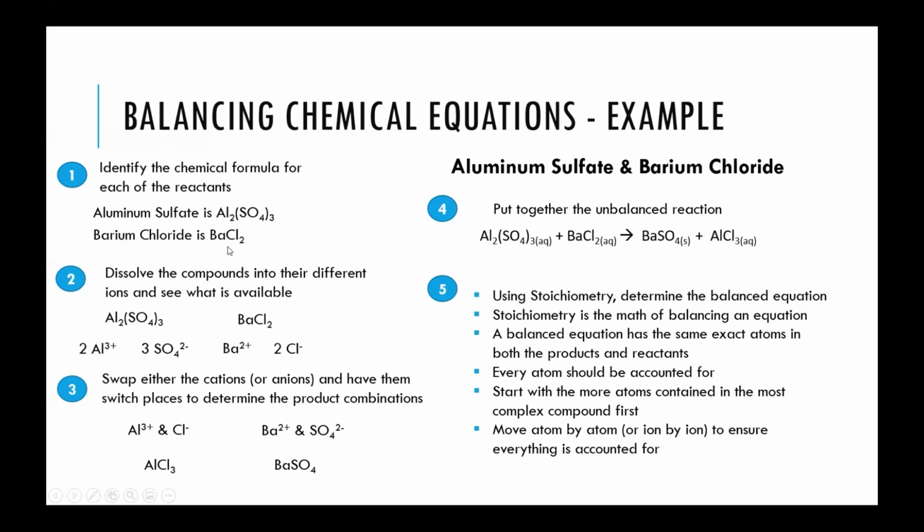Barium ion is a 2+ ion, while the chloride ion is only 1-. So for the compound to exist, there needs to be 2 negatively charged chlorides to balance out the 2+ charged barium. So then you have the two separate reactants, and they're all in the aqueous phase.